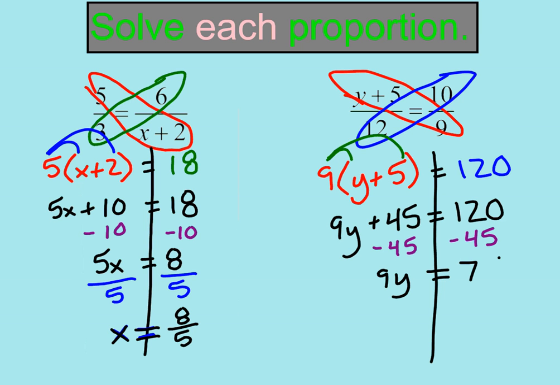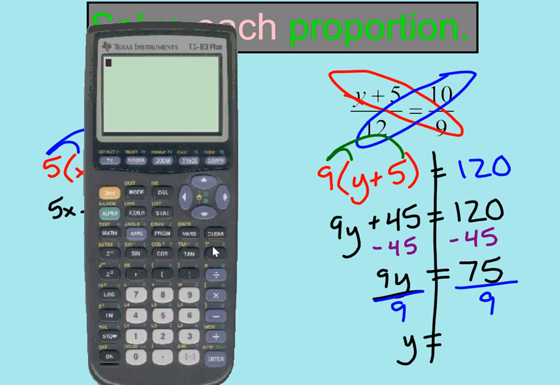Divide both sides by 9. I'm left with y on the left side. 75 divided by 9 is going to be 8.33. I can press math, enter, enter to get that fraction, so it's 25 thirds.